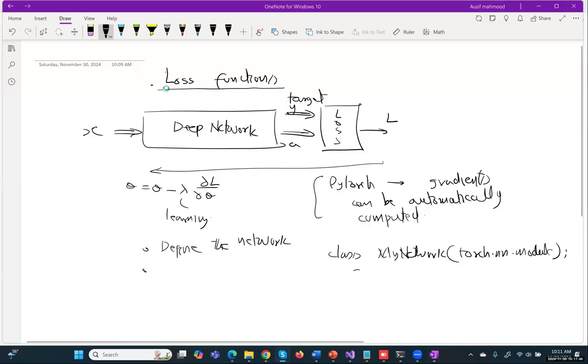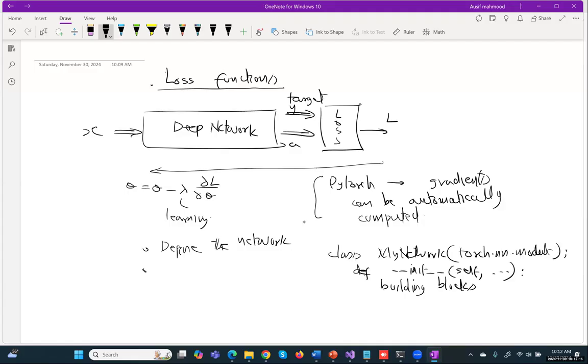And in the definition, you may have some parameters. And here we will define the building blocks that we need to build our network. Okay, and then as we discussed in the previous lecture, we will write a forward function.